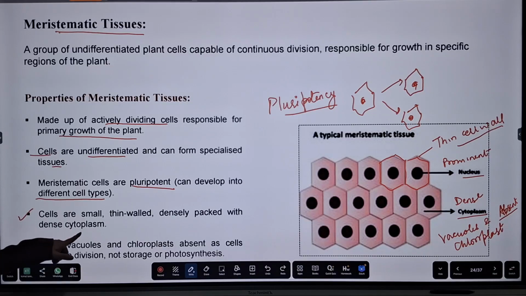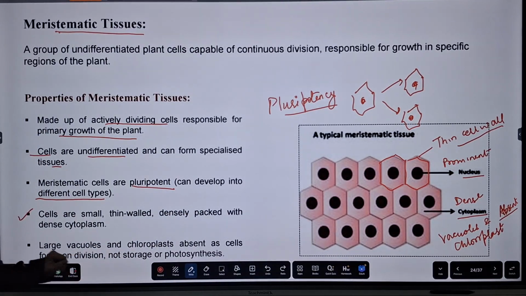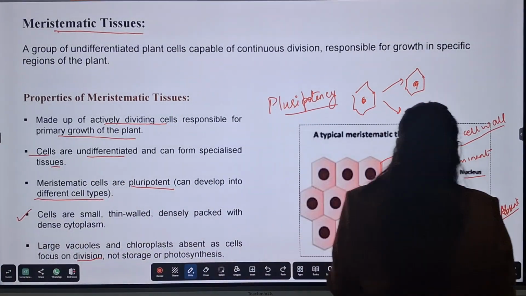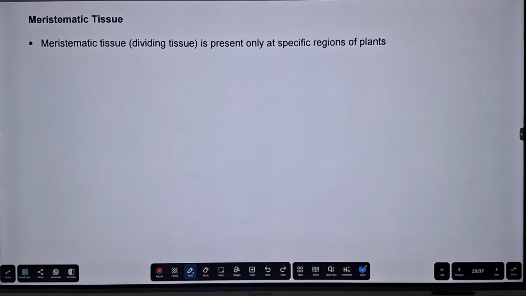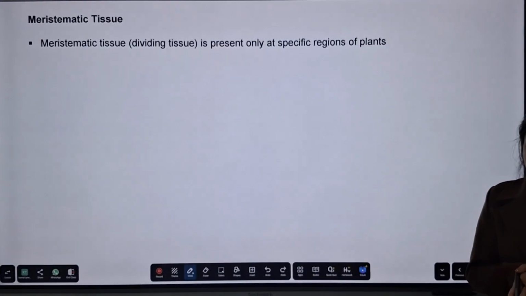Cells are small, thin-walled, densely packed with dense cytoplasm. Lastly, vacuoles and chloroplasts are absent as the focus of the cells is basically on division, not storage or photosynthesis. So that is meristematic tissue. Now let's see where they are located in plants.